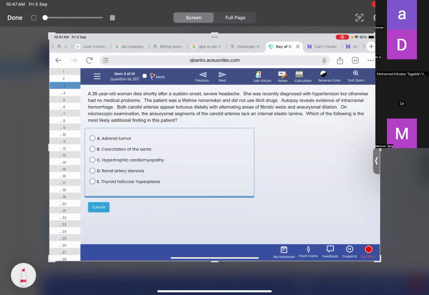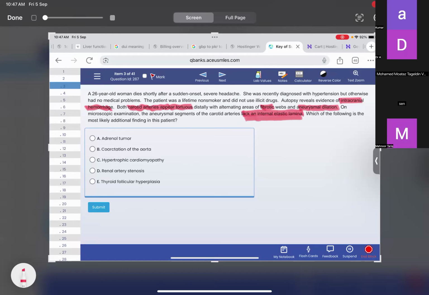Yes, she was also found to have carotid aneurysm. So we have intracranial hemorrhage because of aneurysm, right? The carotid artery is tortuous, fibrotic, also has aneurysms, and we have lack of internal elastic lamina.